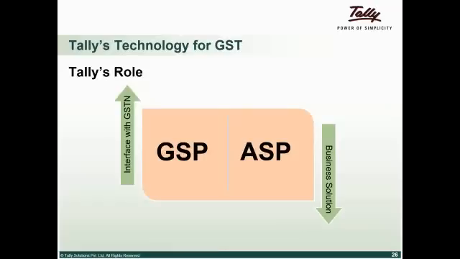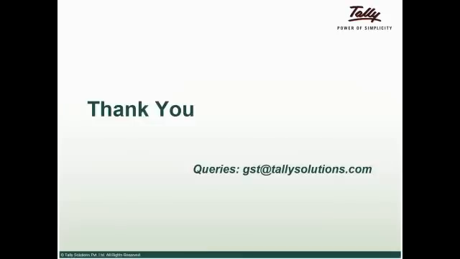Now, let us assume that everything goes fine and all those things happen, and we become a GSP. Since Tally is a GSP and Tally is also an ASP, this GSP-ASP combination is like the best couple in the world. A very, very understanding couple. You can do wonders by being a GSP and an ASP, and the kind of experience that we can give in the business solution as a Tally product is going to be phenomenal.